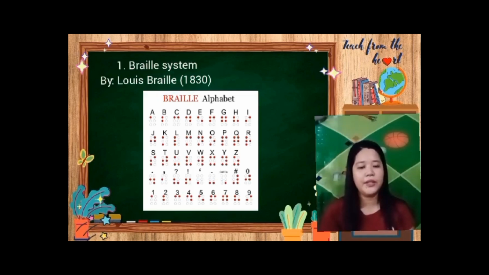The letters of the alphabet and numerals 0 to 10 are assigned specific combinations of six dots. Braille abbreviations called contractions help save space to facilitate faster reading and writing.